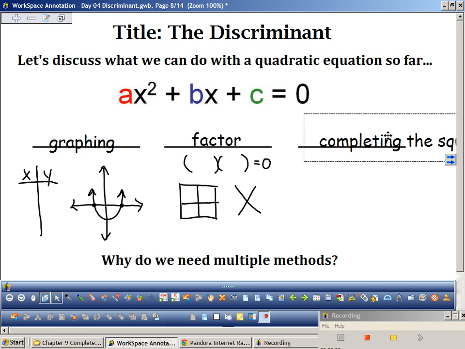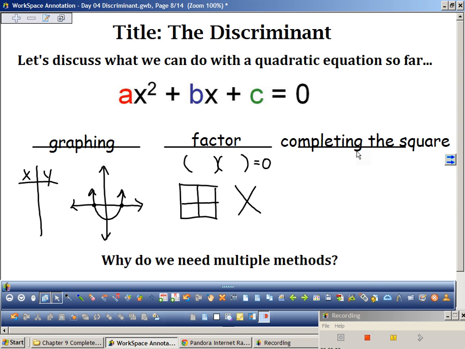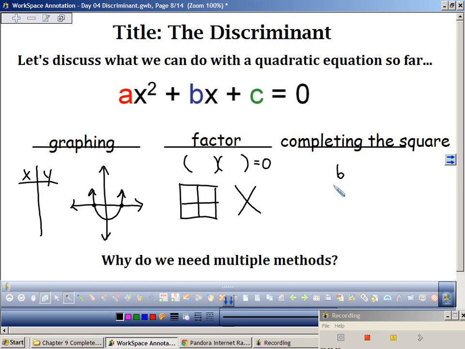So when we completed the square, what we were doing was taking that middle term b, dividing it by 2, and then squaring it, right? To give us a perfect square trinomial is what we were trying to find, and then solving.